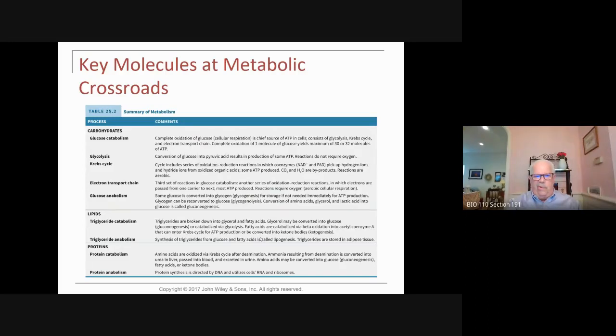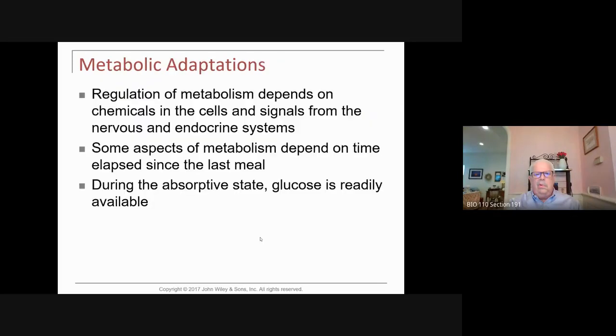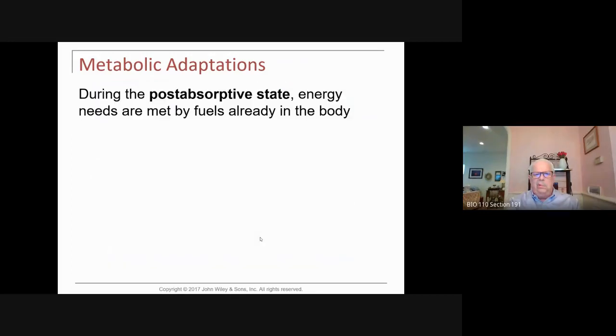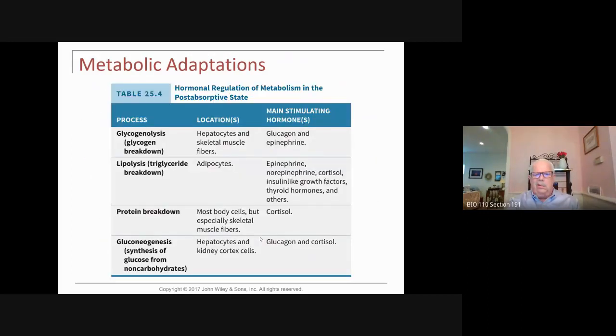And this is a review. I would look at this review. I'm not going to talk about adaptations. That's not important as we go through this. You don't have to know the hormones. Not important.